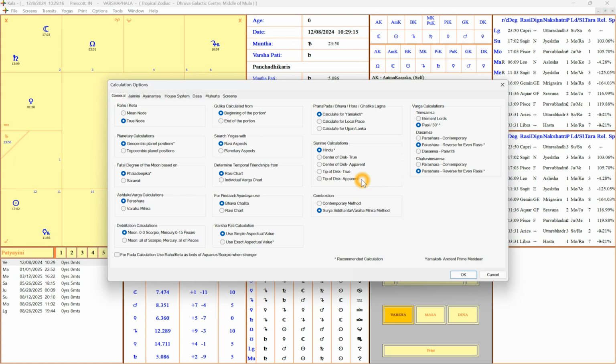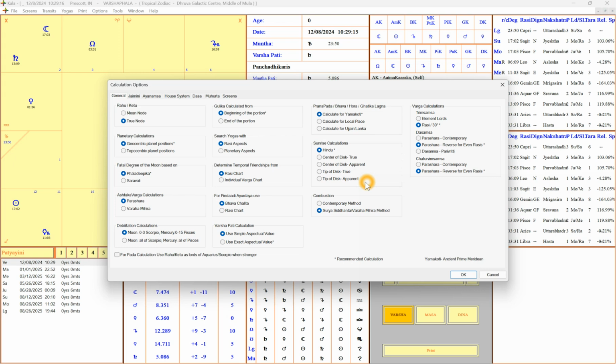Because the atmosphere will actually bend the light a little bit, so when it actually looks like the sun's just breaking the horizon, it's not exactly the time it is just breaking the horizon. There's a slight difference there, because of the atmosphere bending the light of the sun.